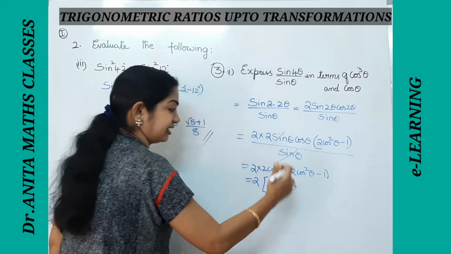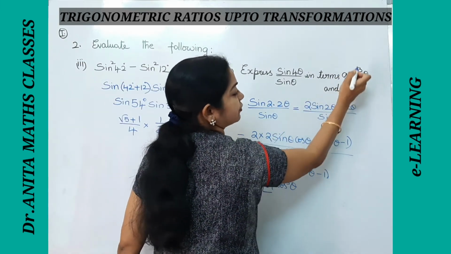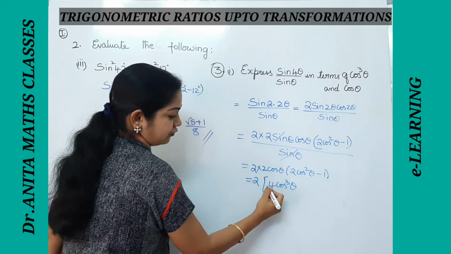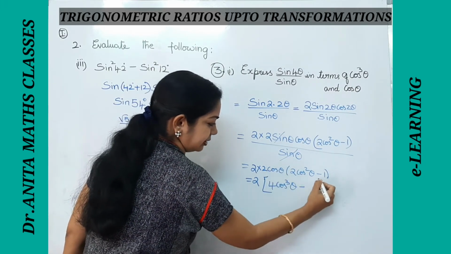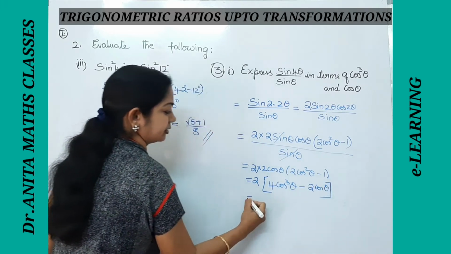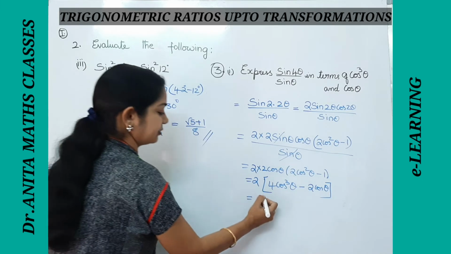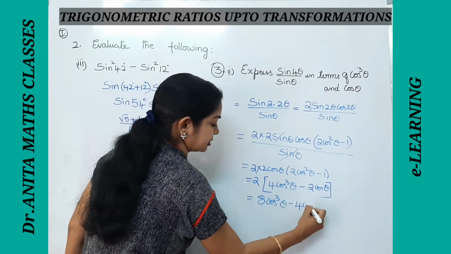See here, we are bringing into the form of cube because we have to write in the form of cos cube. Okay, so 4 cos cube theta, and if you multiply this here, 2 cos theta. Okay, finally we can here also multiply, 8 cos cube theta minus 4 cos theta.